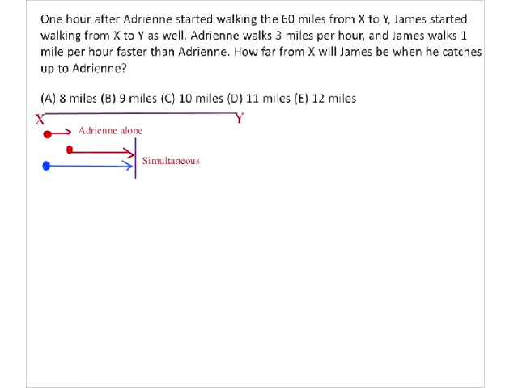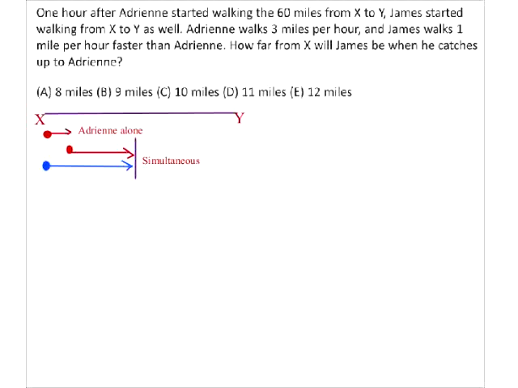So the table here is pretty easy to make because it's just a regular rate table. So the table is going to be what quantities are in the problem. Well, it's just the rate, time, and distance for these two people. So you have R, T, and D for James, and you have R, T, and D for Adrian.